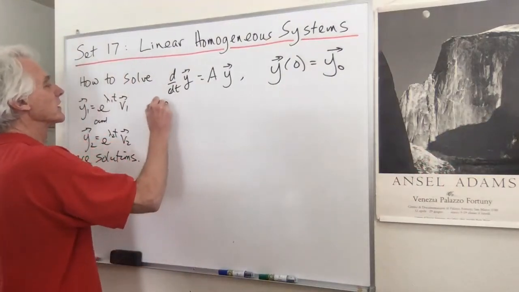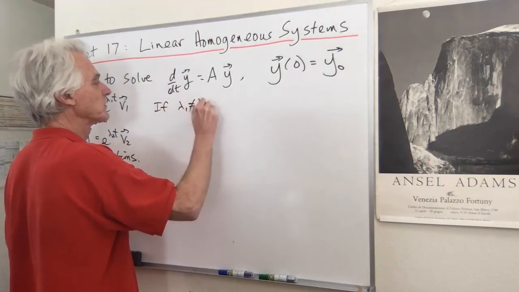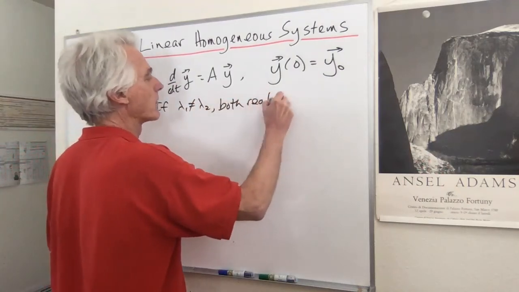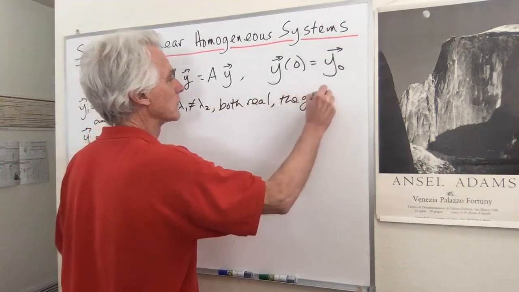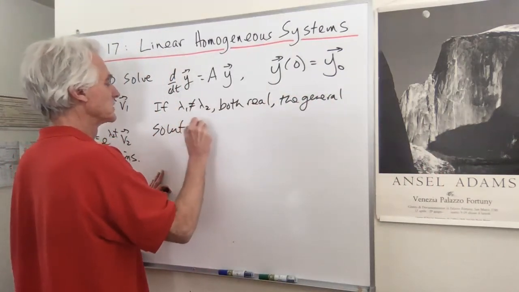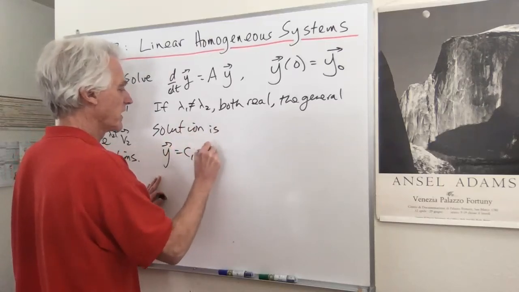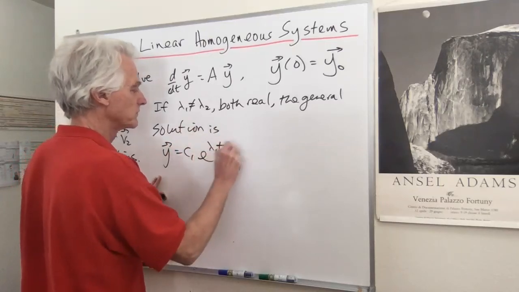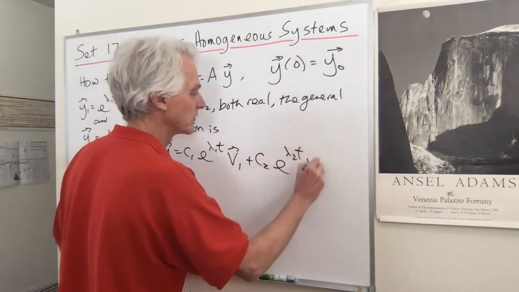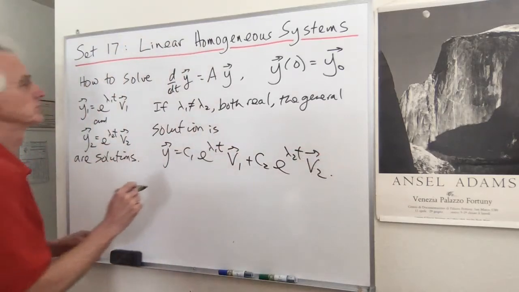So again, if lambda 1 is not equal to lambda 2 and both are real, the general solution is y equals c1 e to the lambda 1 t v1 plus c2 e to the lambda 2 t v2. All right.